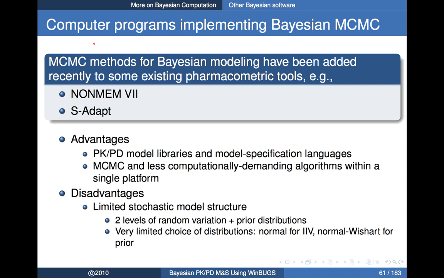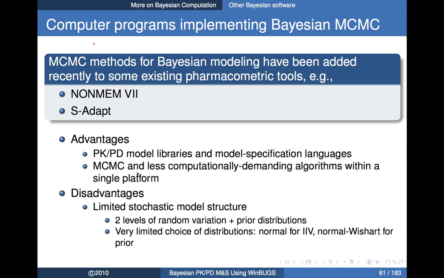But at least, just to give you the bottom line, in cases where NONMEM is really best designed, namely dealing with two levels of random variation, particularly where the likelihood is also a normal distribution, NONMEM does quite favorably relative to WinBUGS. But anyway, the advantages of tools like these are that you've got PK/PD model libraries and model specification languages already built into them. So they're already designed as pharmacometric tools.